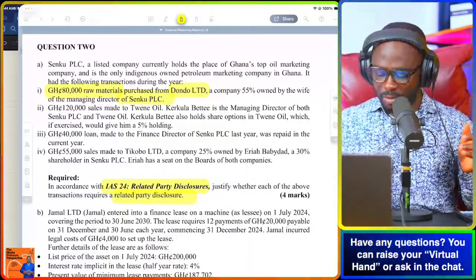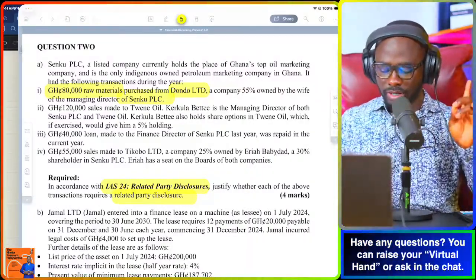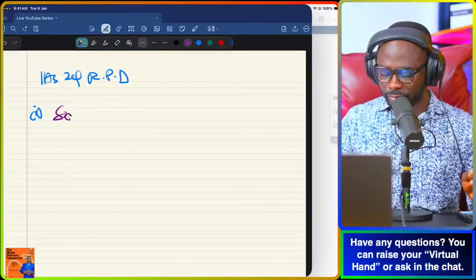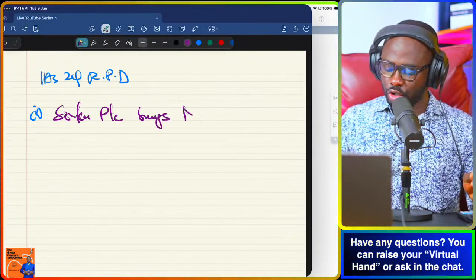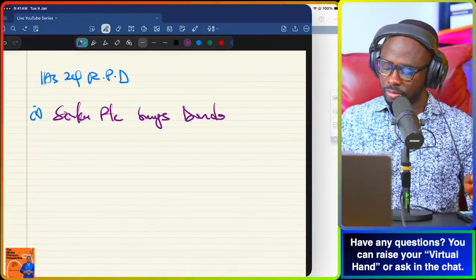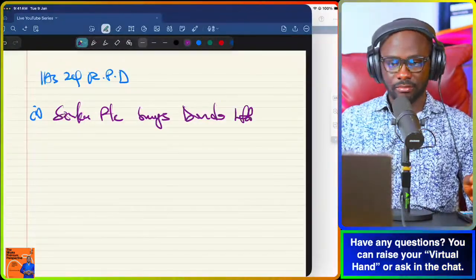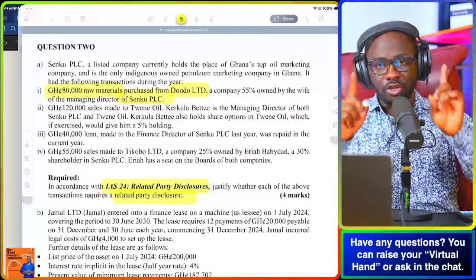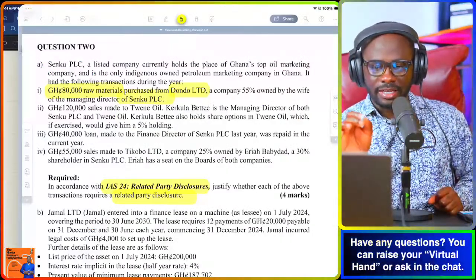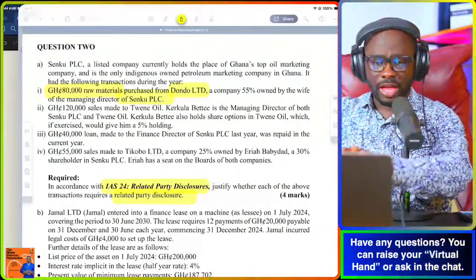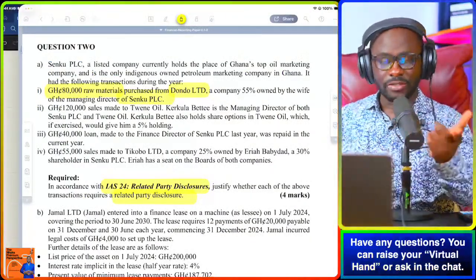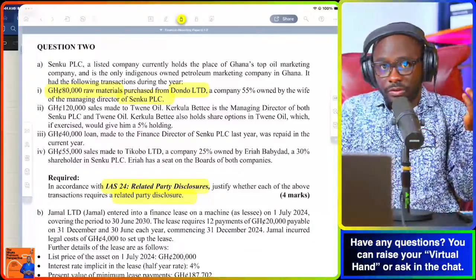Transaction I is happening between two companies. So Senku, which is our company, buys from Dondo Limited. Now, we are told that Dondo Limited is owned by the wife of the managing director of Senku, who owns 55%.